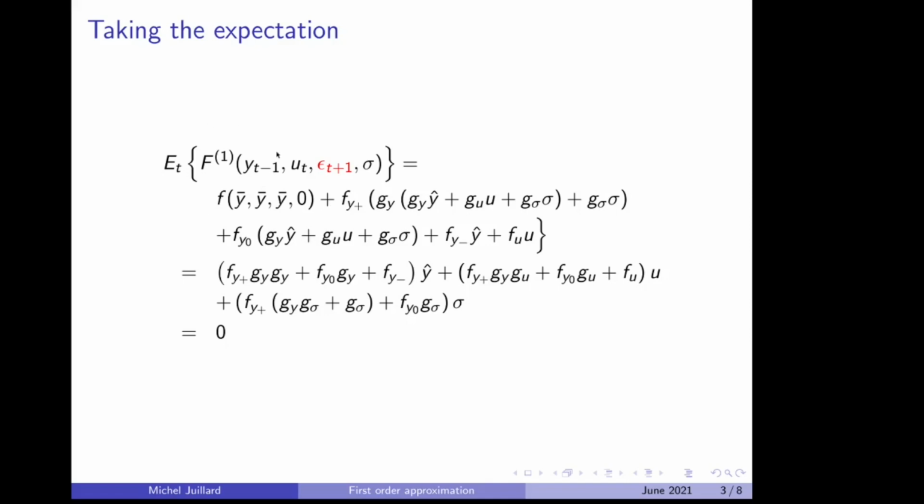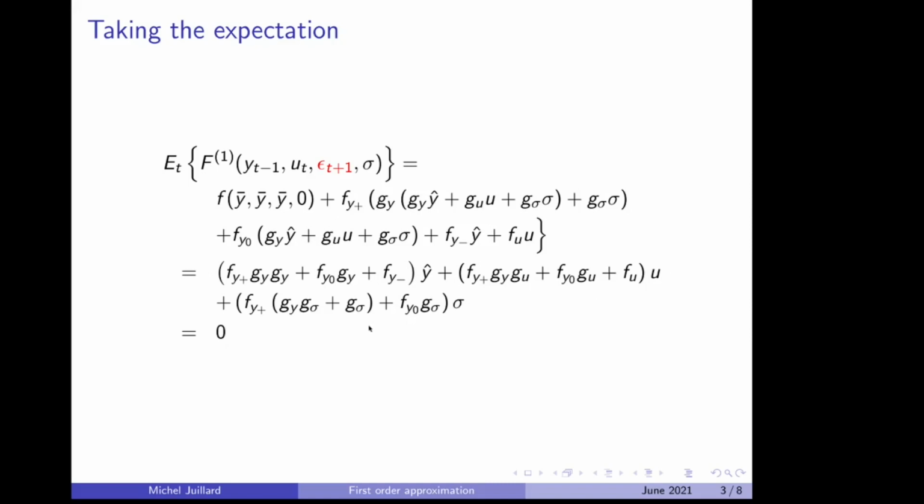So now that I transform my expectation problem into a deterministic one, what I do here is factorize with respect to y hat, u, and sigma.